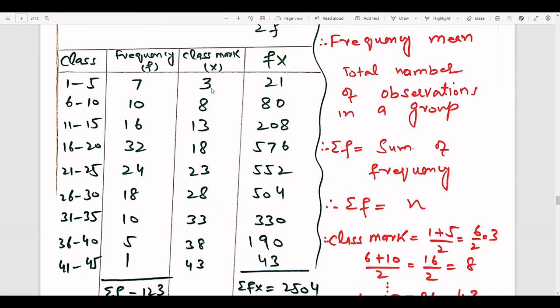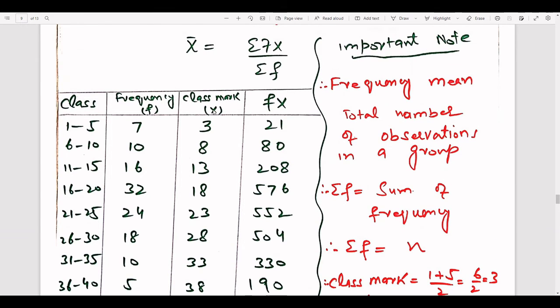So its class mark is 3. 6 plus 10 is 16, divided by 2, its class mark is 8. 11 plus 15 is 26, divided by 2, its class mark is 13. 16 plus 20 is 36, divided by 2, class mark is 18. 21 plus 25 is 46, divided by 2, 23. And so on. 41 plus 45 is 86, divided by 2, class mark is 43.